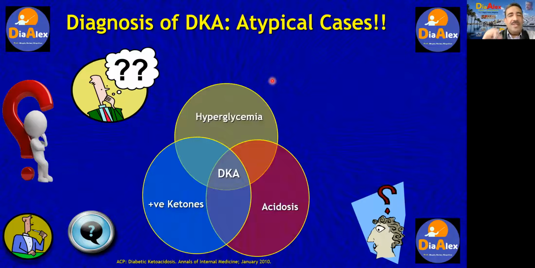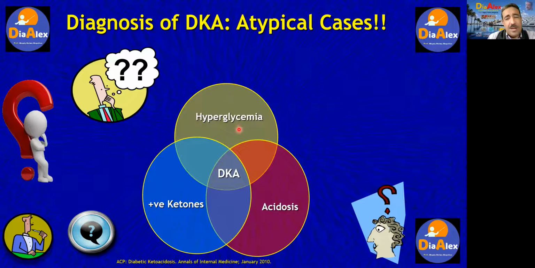We mentioned that typically in DKA, the patient is presenting with a triad of hyperglycemia, ketosis, and metabolic acidosis, right? These are the triad diagnosing diabetic ketoacidosis. And the question here, can any of these three components be missing in a patient with diabetic ketoacidosis?